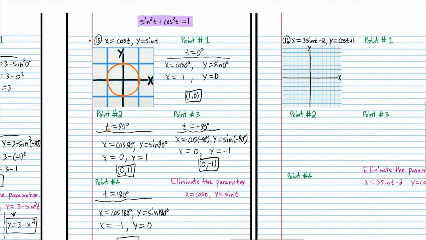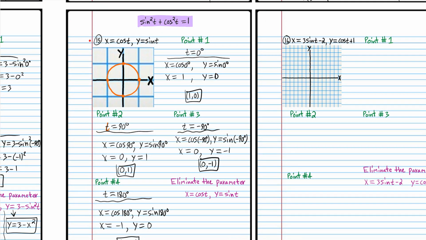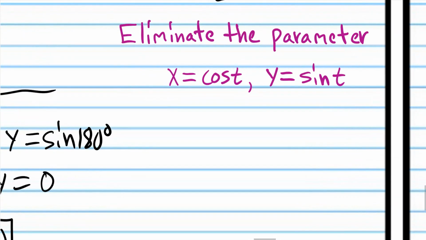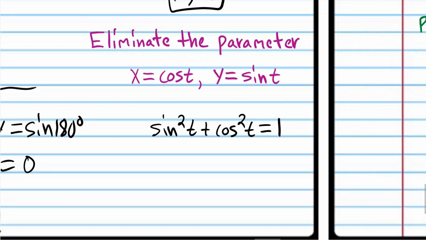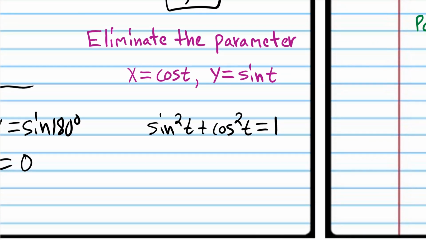So maybe I should bring that identity down here. Well, I'll just leave it up there for now, I guess. So we're going to write the Pythagorean identity. As long as the angle is the same in both of these functions, the angle variable, then this identity is always true.